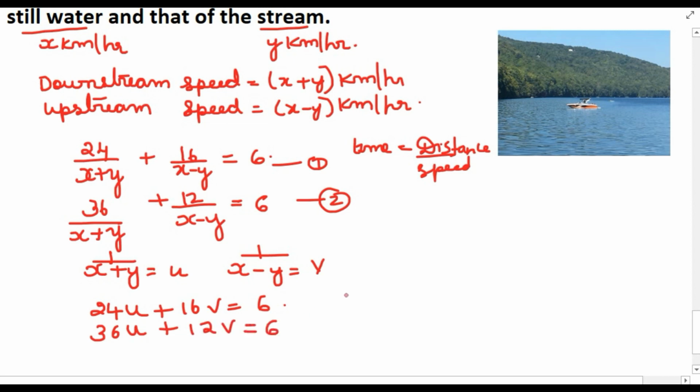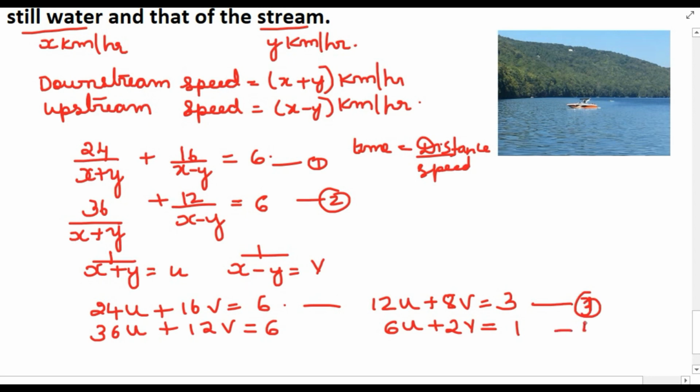The first equation we can reduce by cancelling with 2. So we have 12u plus 8v equal to 3, and the second equation in the same way, if we cancel with 6, I have 6u plus 2v equal to 1. So these are our two equations, I'm going to name as 3 and 4.